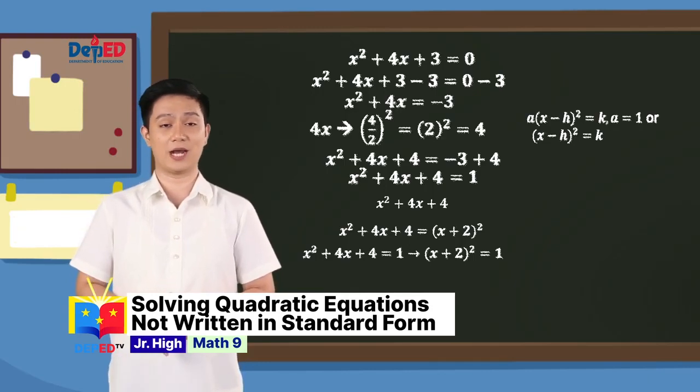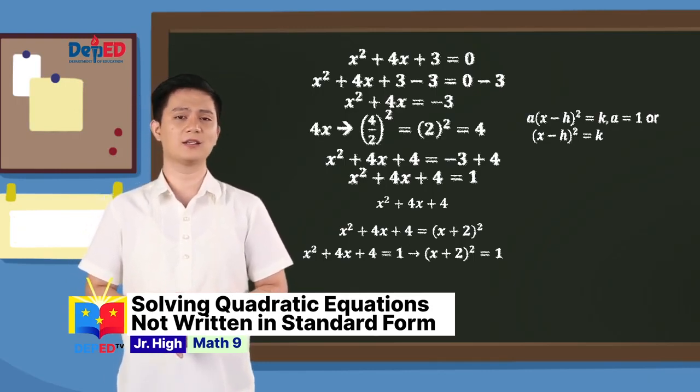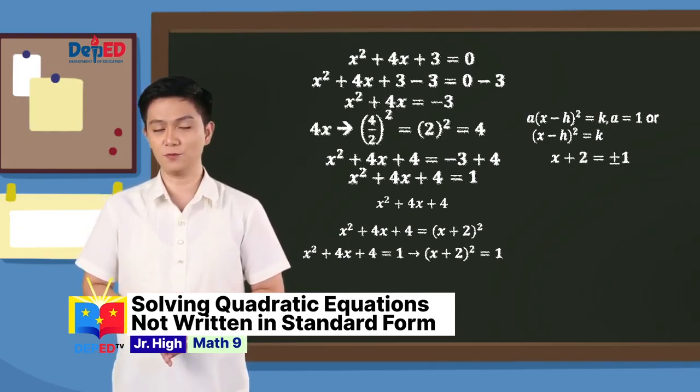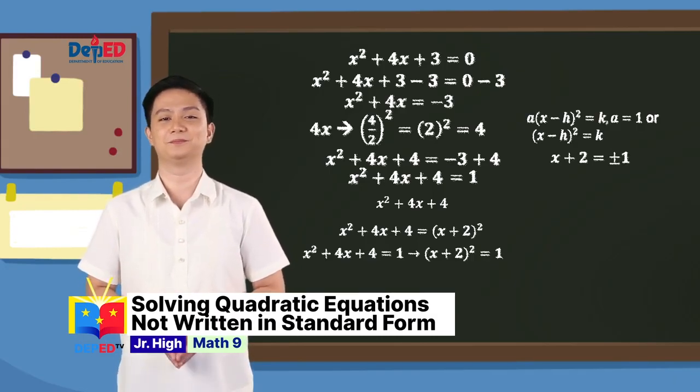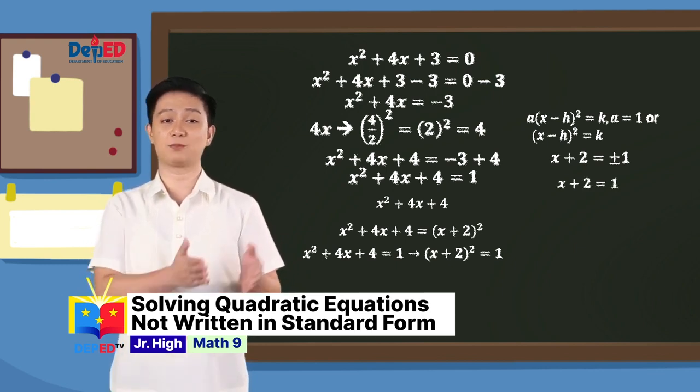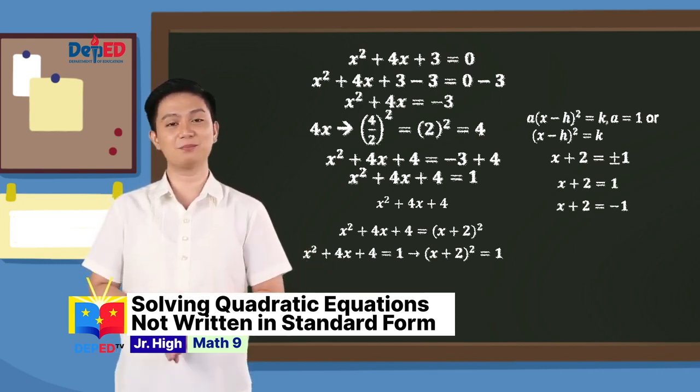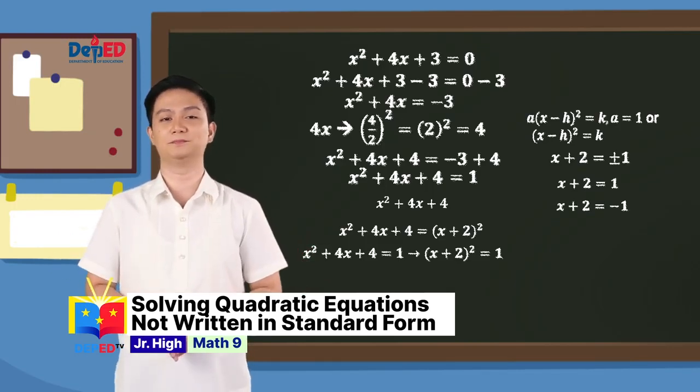And upon extracting square roots of both sides, we get x plus 2 equals positive or negative 1. We split the equation into two. We have x plus 2 equals 1 and x plus 2 equals negative 1.